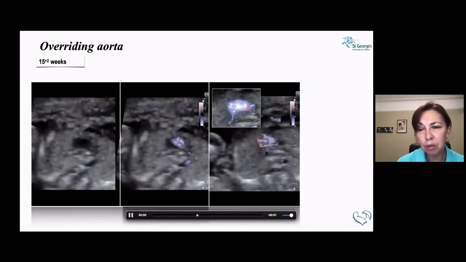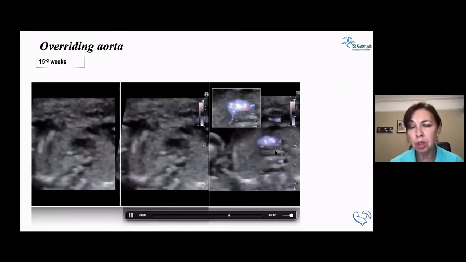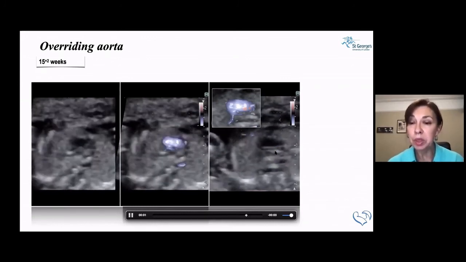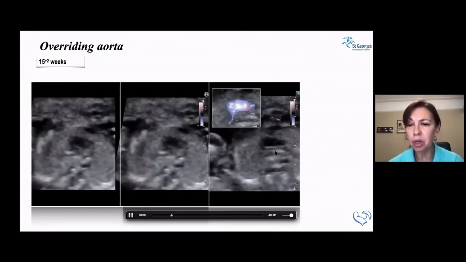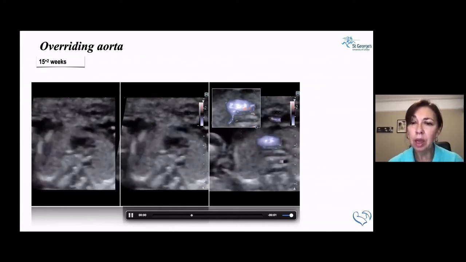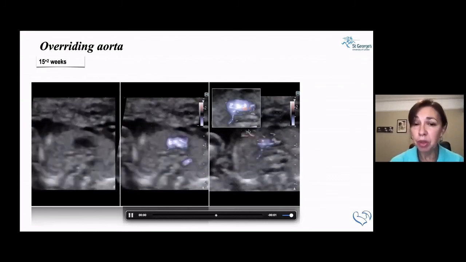So obviously for getting these details at 15 weeks, we need a combination of what you're looking for. So you need to know the anatomy, the possibilities, not just assume that an overriding aorta is tetralogy of Fallot, like in this case it was not, it's a truncus arteriosus. And you need to know what you're looking for. You need a bit of cooperation.